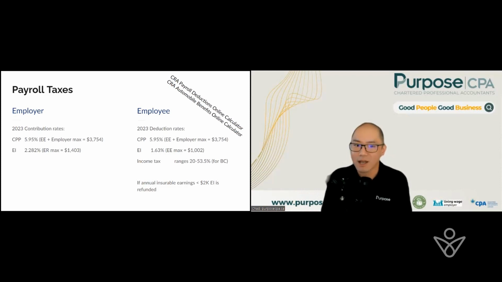Use the online calculators. We highly recommend companies use outsourced payroll systems. I'll get into that in a little bit. But if you don't want to do that, there are ways that you can do it for free online using the CRA calculators.